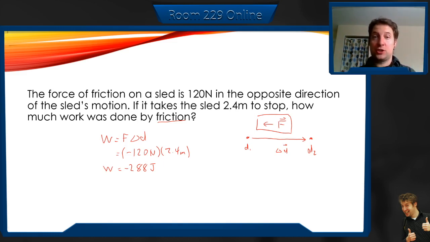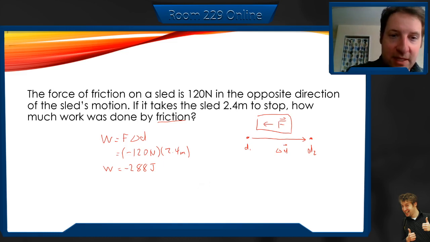The sled is traveling with a certain kinetic energy, remember, the energy of motion. So the sled is moving, has a kinetic energy, and all of a sudden it's stopped. Therefore, we necessarily had to take this energy away. So this force of friction is removing energy from the sled.